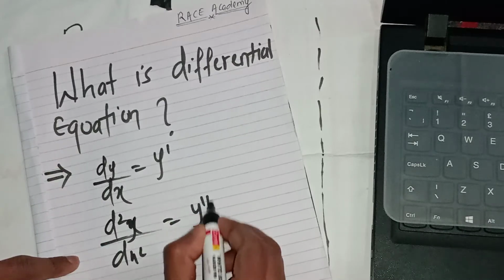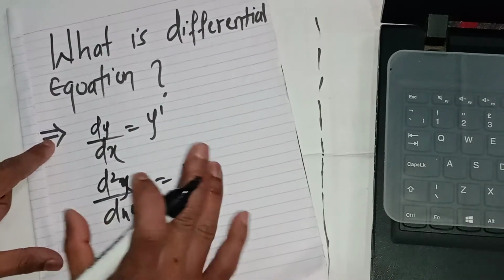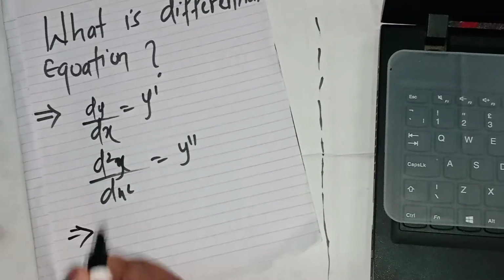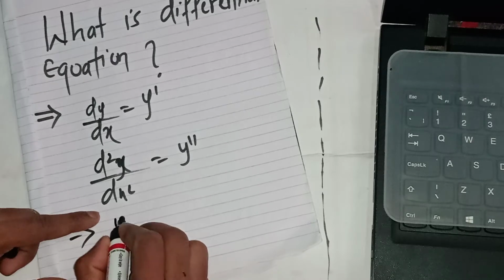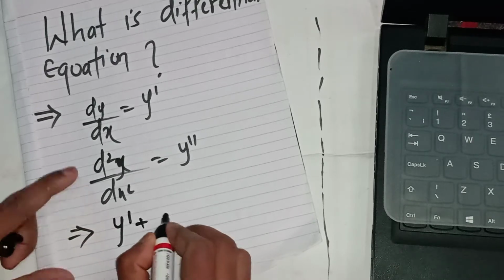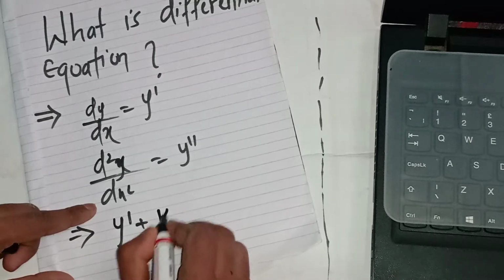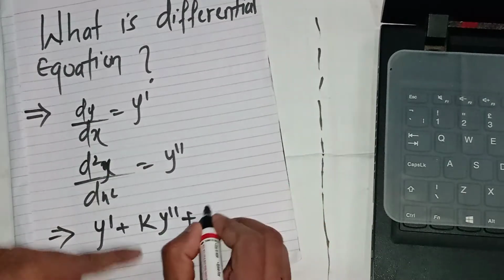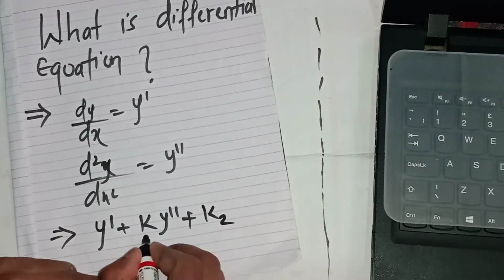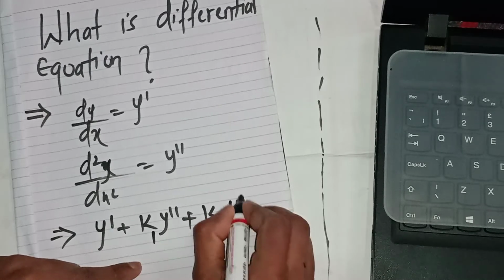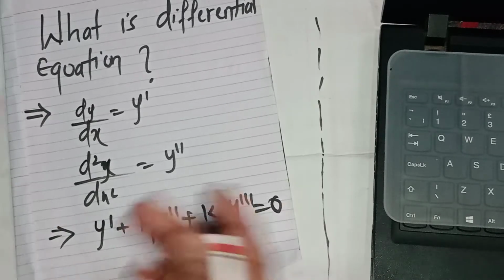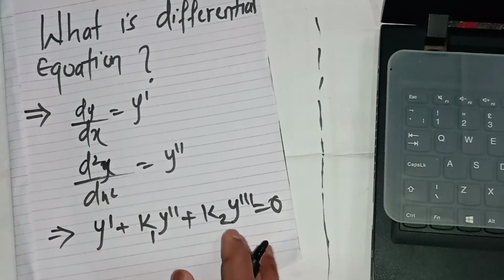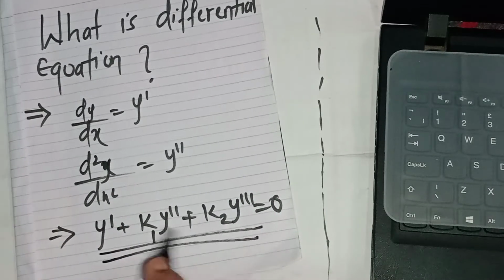If the equation is in the form of y dash plus a certain constant, y double dash plus another constant, and y triple dash equals 0, we call it a differential equation. Look at this, this is a differential equation.